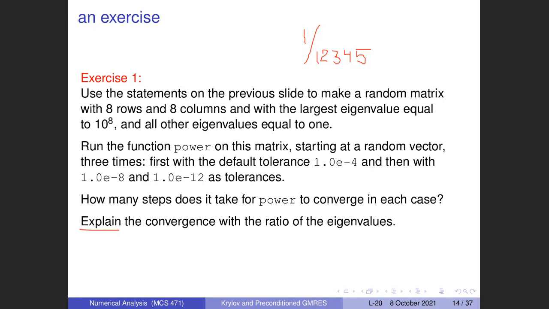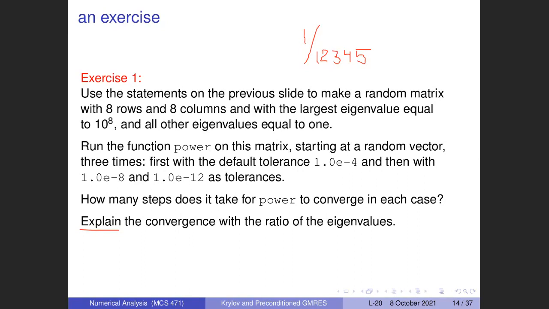This also explains why on a random matrix the convergence was rather slow, because on a random matrix the eigenvalues will all be of rather the same magnitude. This is a constructed example where you have fast convergence.